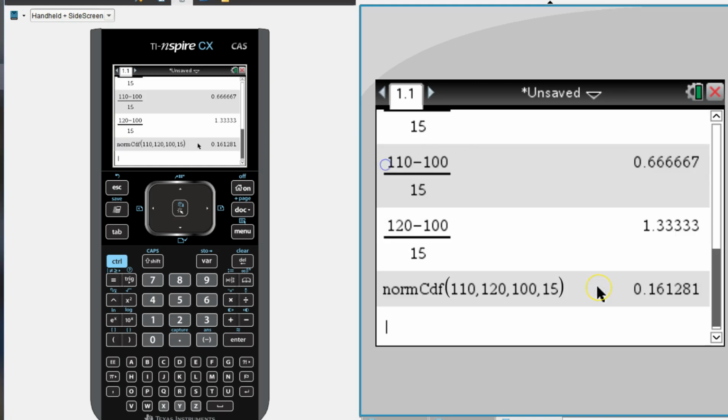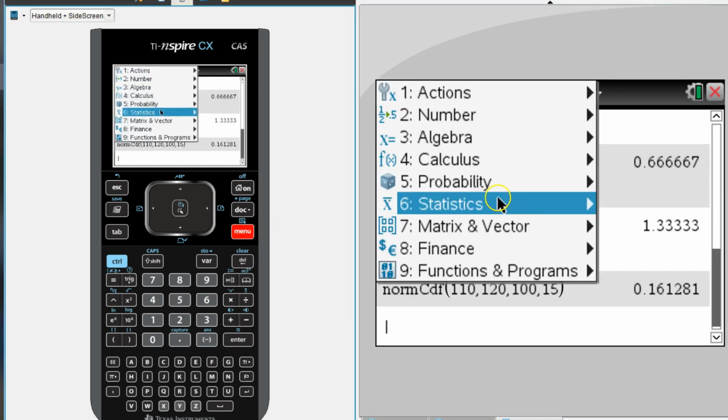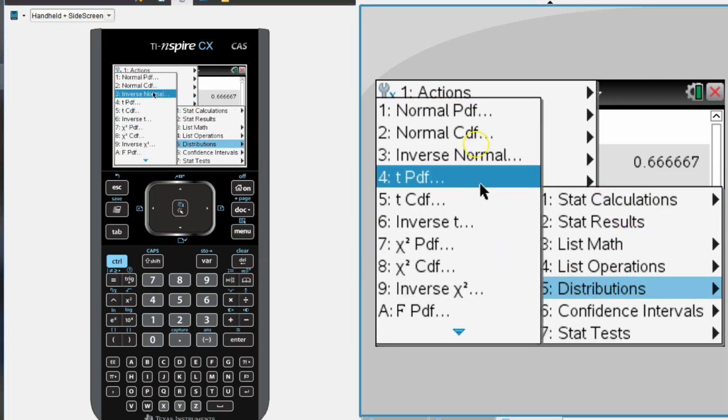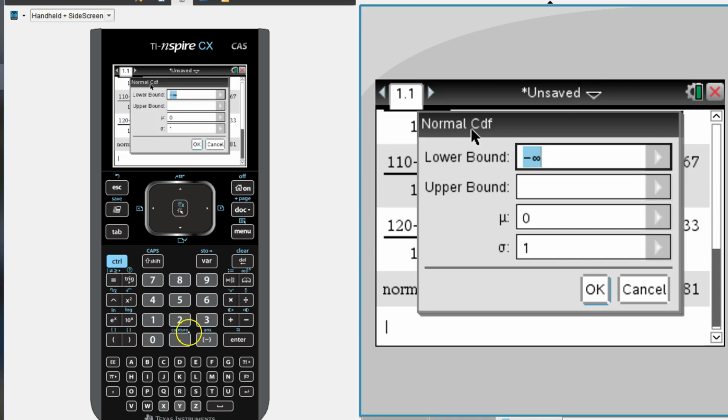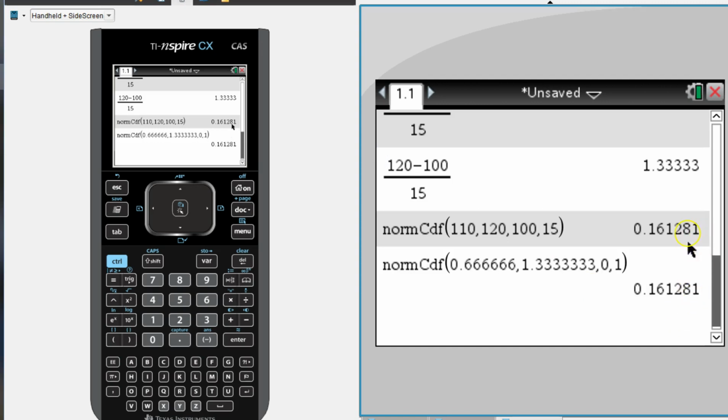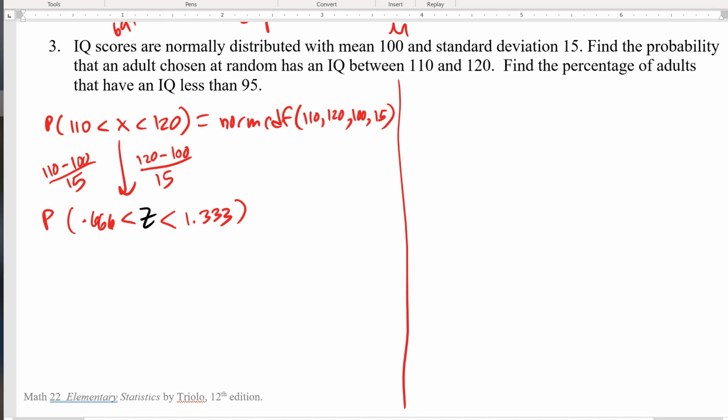Okay, I feel good about that. Or we went from 0.666 to 1.333 as a z-score, so leaving 0 and 1, and our answers are pretty dang similar, right? 0.161, 0.161.